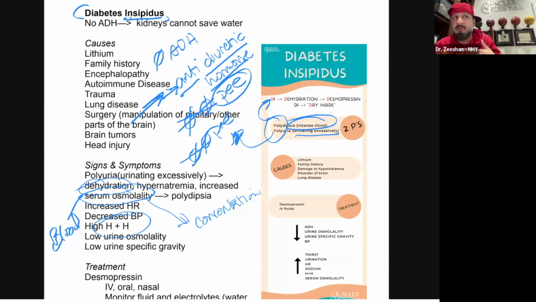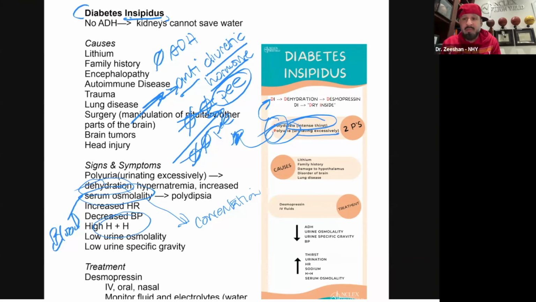We take it a step further and we look at the urine osmolality. Well, in this situation, we have determined that all I'm doing is peeing. If I'm peeing, peeing, peeing, is my urine going to be concentrated or dilute? If I'm peeing everything out, my urine's going to be dilute.